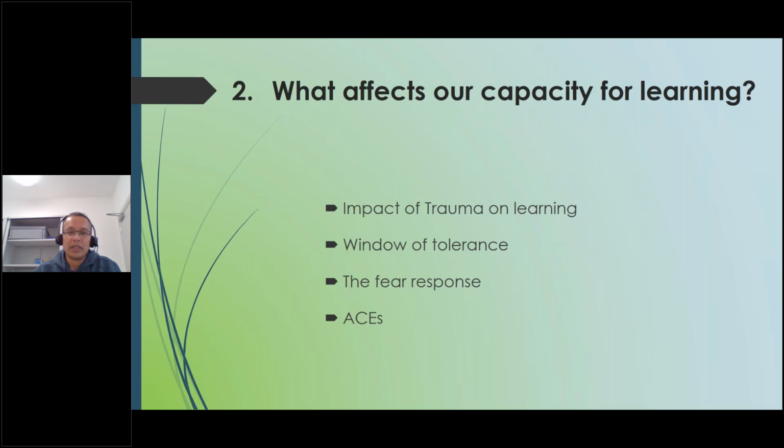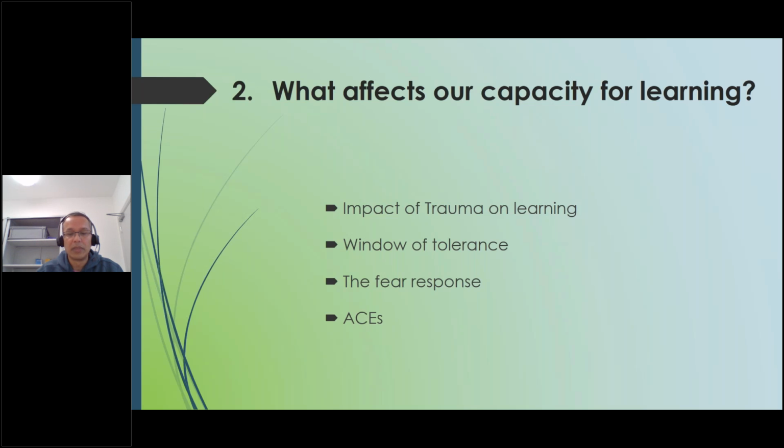The size of our window of tolerance is determined by how healthy our brain is. So it is smaller in people with early trauma, not just early trauma, any kind of trauma. So they have a smaller window of tolerance, and therefore a lot of the time such people have a fear response to everything.